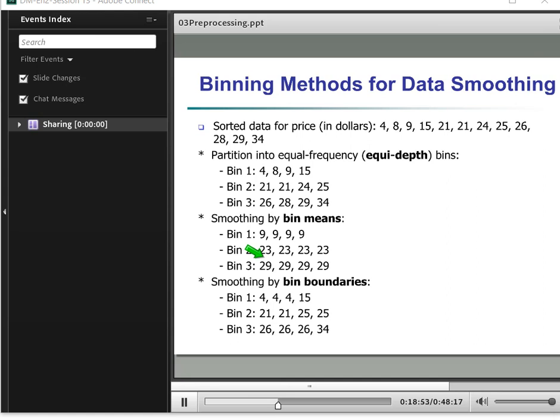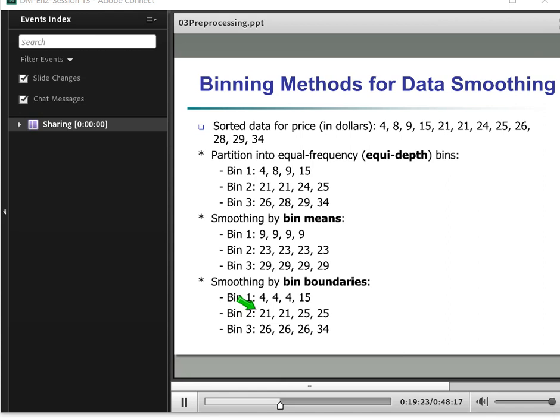Another strategy is smoothing by bin boundaries. For example, in our case, the first bin has the lowest value of 4 and the highest value of 15.